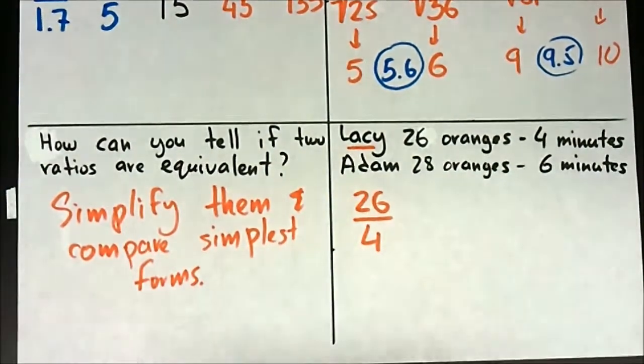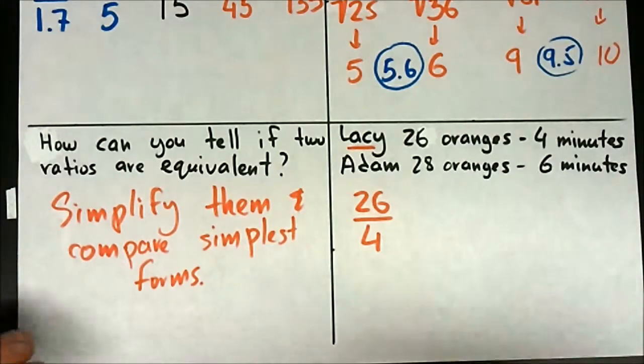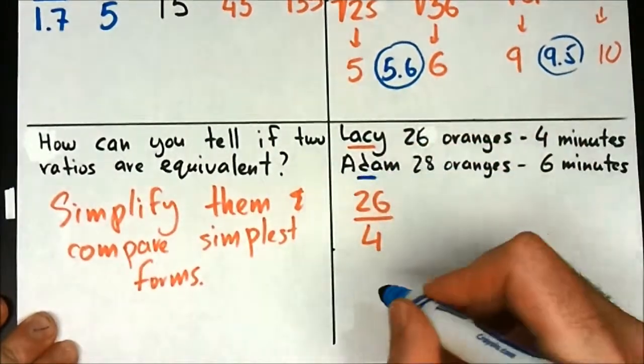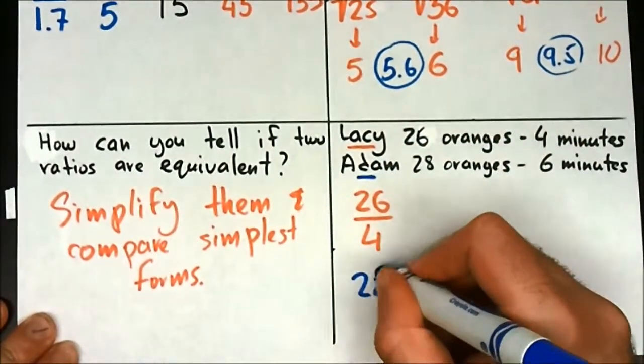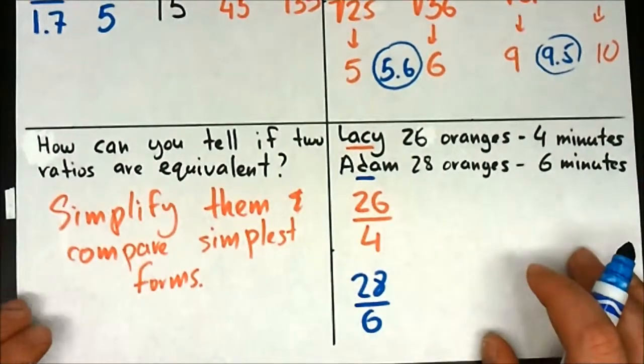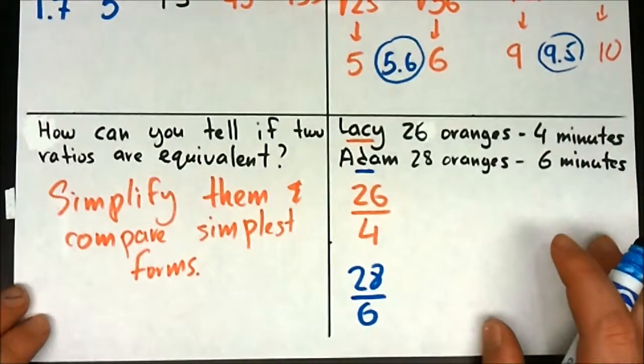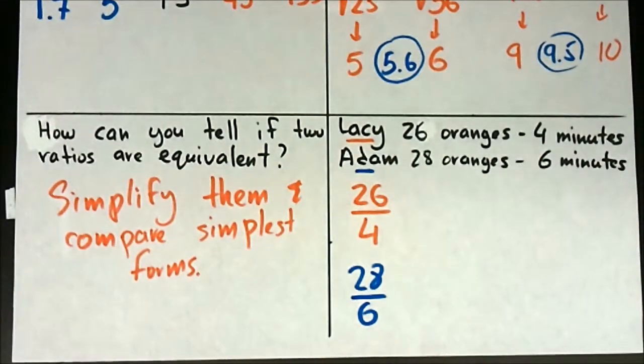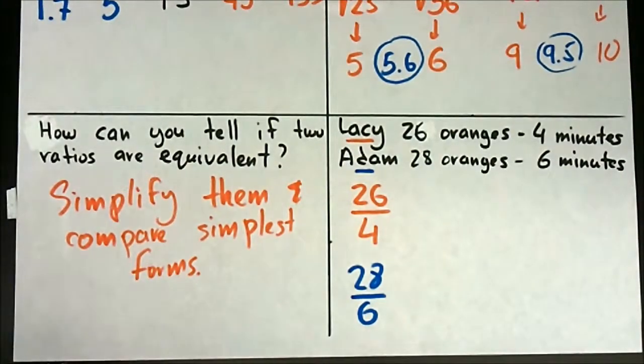And then we write the ratio for Adam. And for him, it's 28 oranges in 6 minutes. All right. So what's 26 divided by 4, and what is 28 divided by 6? Anyone?